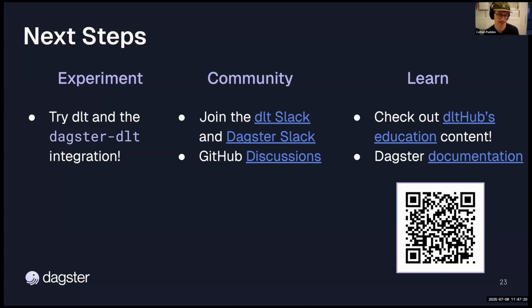By default, just using the DLT assets decorator, it doesn't operate concurrently. As you saw in the first demo, those will all run sequentially. So right now that story requires a little bit of improvement and a little bit of hacky workarounds to manage that corner case.